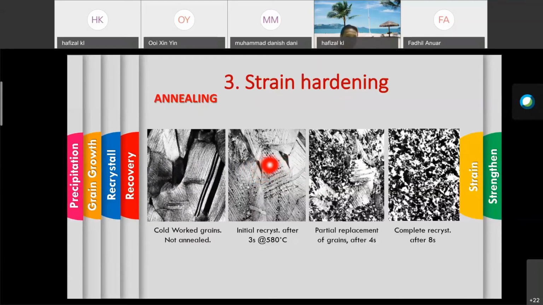We can see nucleation takes place and starts to grow, and finally at the higher temperature we can see a different kind of grain boundary. So in this case, we produce again what they call recrystal. They produce a grain boundary again, with a different grain size compared to after we introduced the cold working.